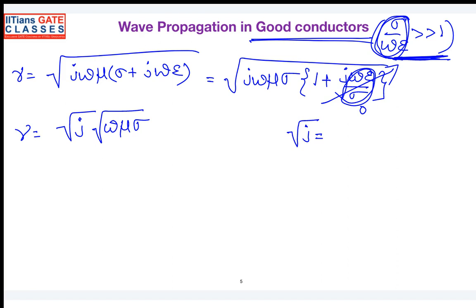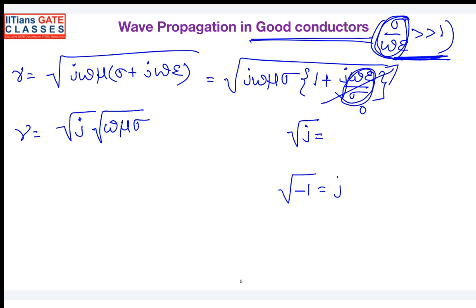Somebody is saying root j is equal to -1. It's hard to digest, but the actual fact is root -1 is equal to j. It's not root j equal to -1, it is root -1 is equal to j. I hope you got the difference.